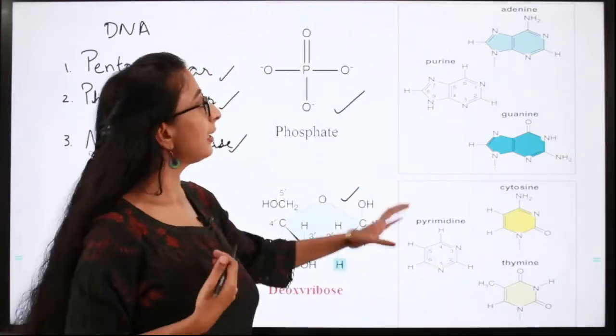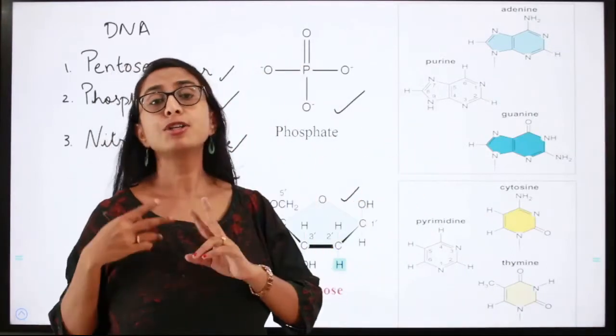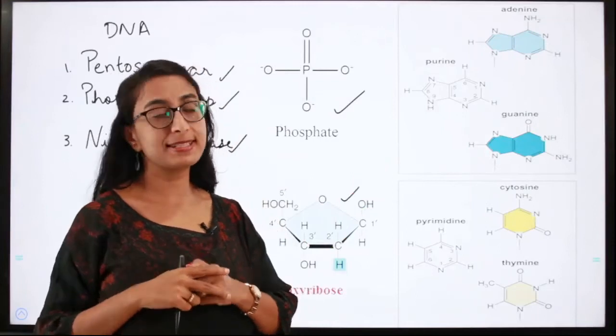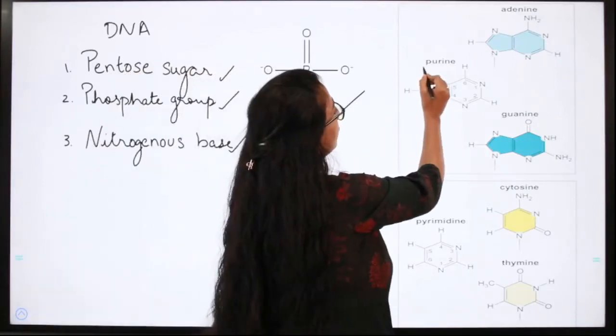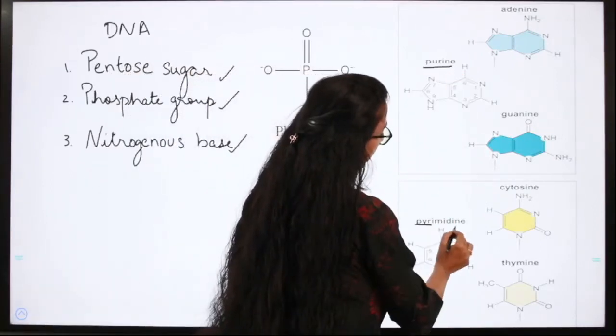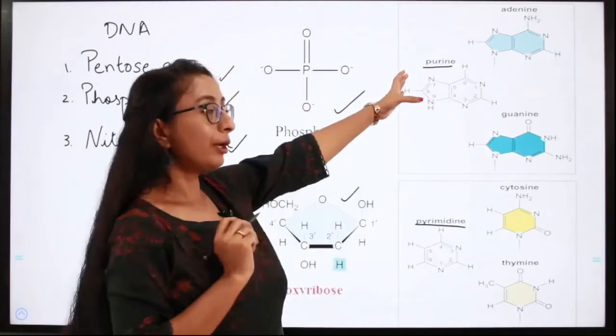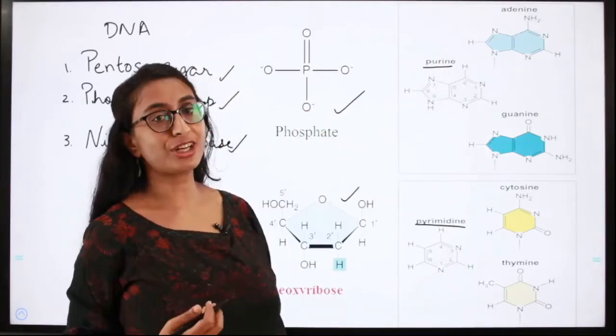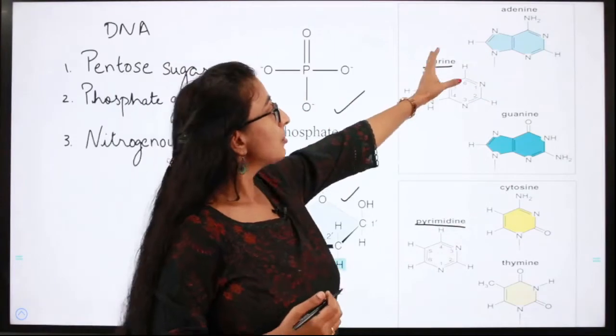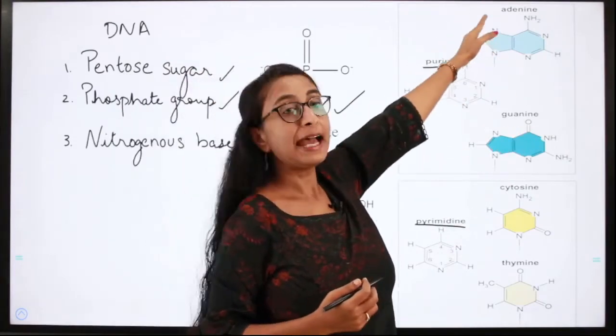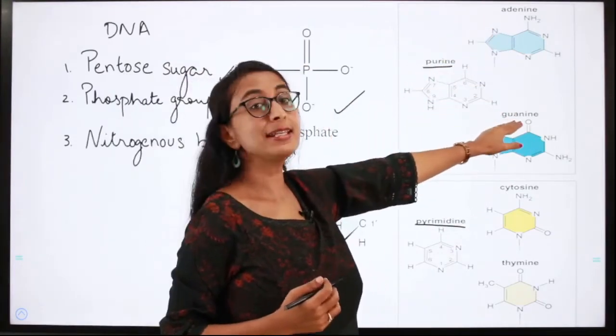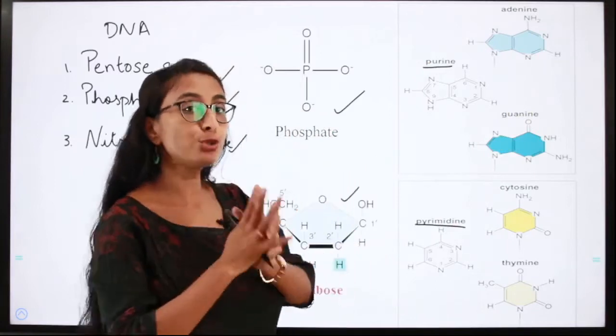So what are the nitrogenous bases? We have 2 kinds of nitrogenous base. One is the purine and the other is pyrimidine. Purines are double ring structures. Under purines, we have two types. One is adenine and the other one is guanine. So we have two purines.